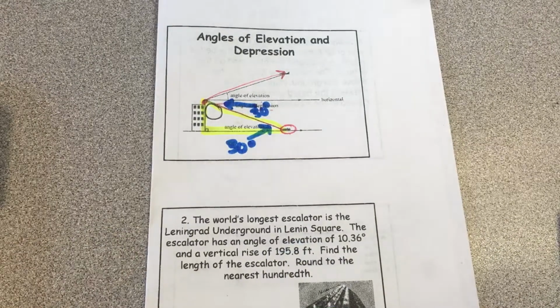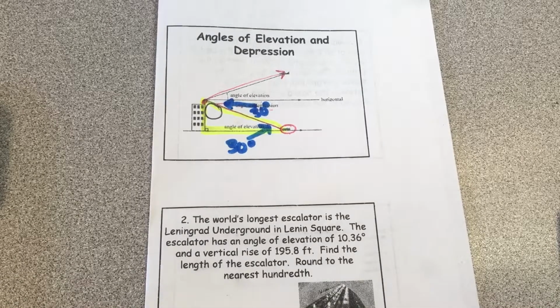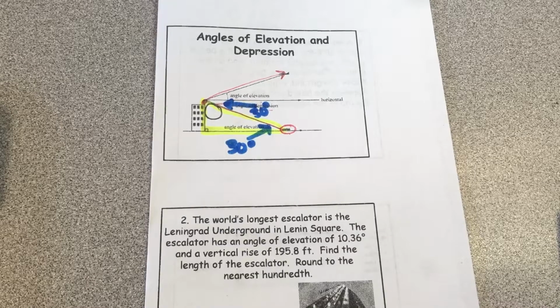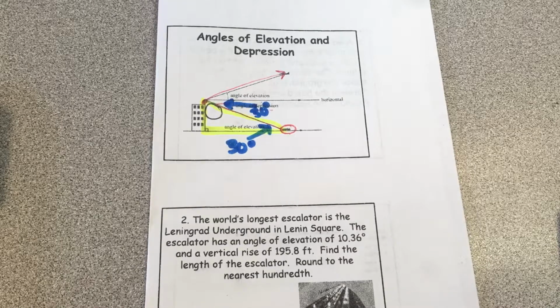Why are those two angles the same? Very good. Alternate interior. So even though they have two different names, do they have the same numbers that go with them? Yes. All right.